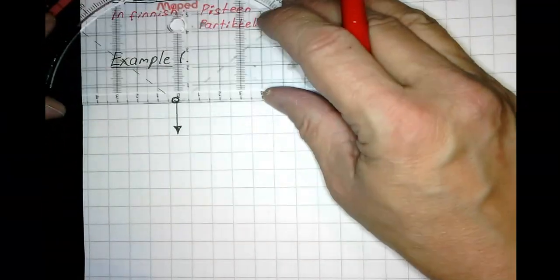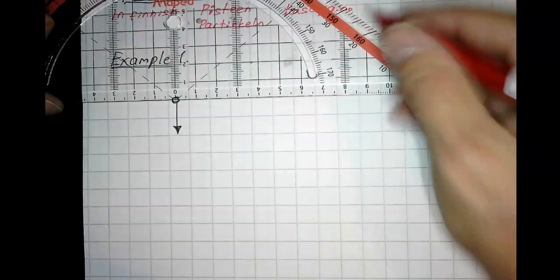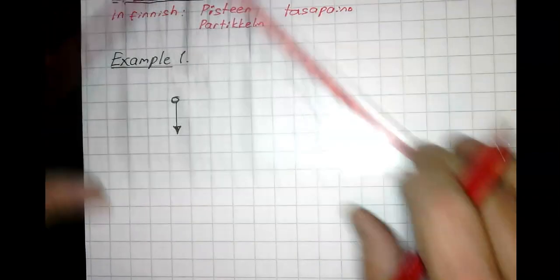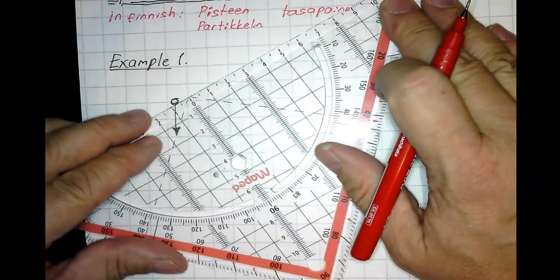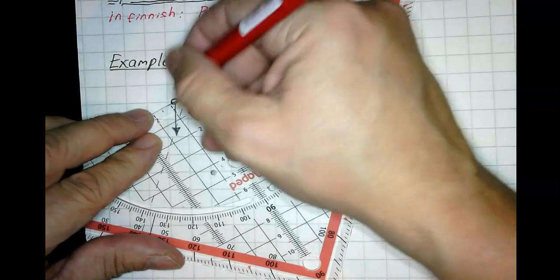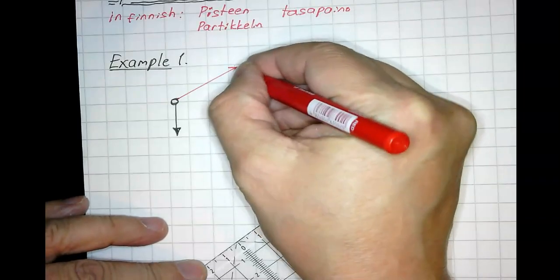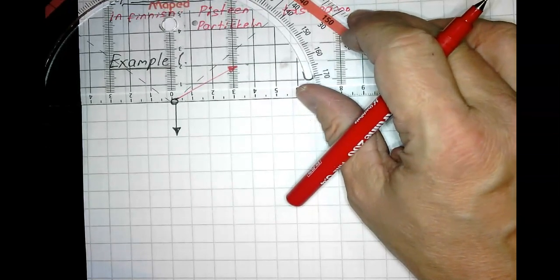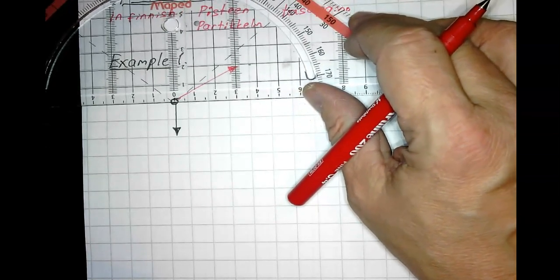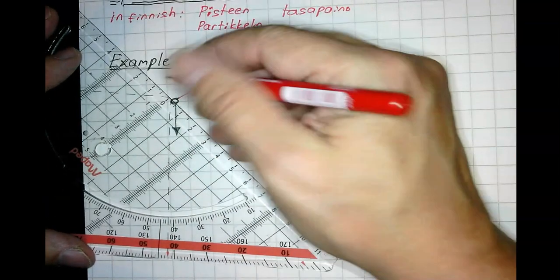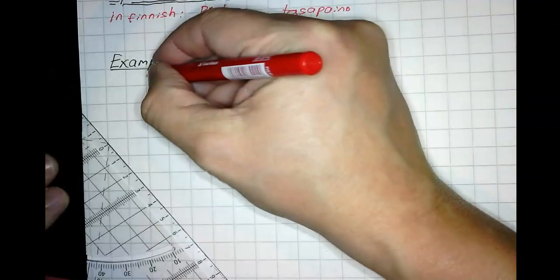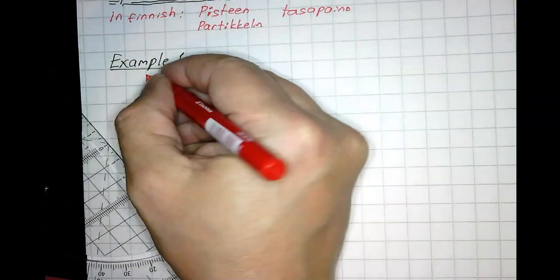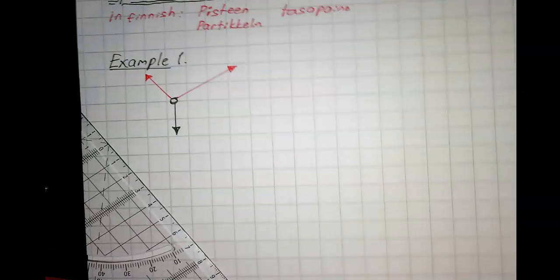I try to draw a little bit better picture or diagram. Here we have one force, and then we have this 50 degrees force. So we have forces; these red ones are unknown.